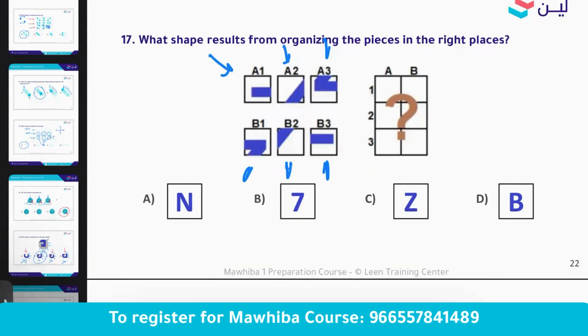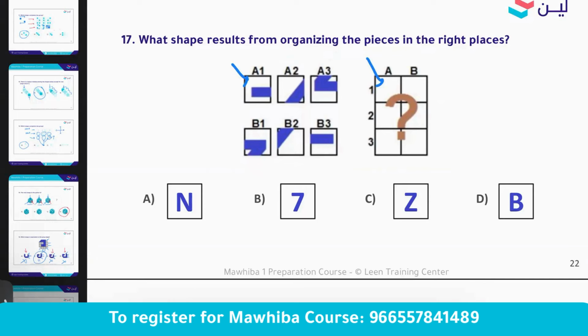Those of you who like to do puzzles, like to actually compose puzzles from puzzle pieces, of course they're going to enjoy such questions. First of all, where is A1? A1 is over here. What can you see, boys and girls?